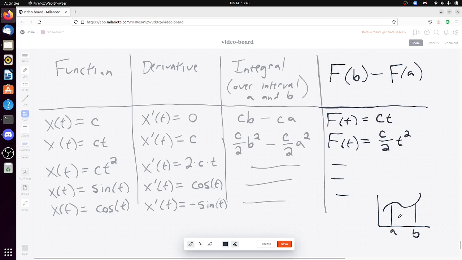We could calculate integrals a lot faster because we could just find big F for the little f of t, evaluate it at b, evaluate it at a, and subtract. That would be a quick way to calculate the integrals, or the areas under the curve.